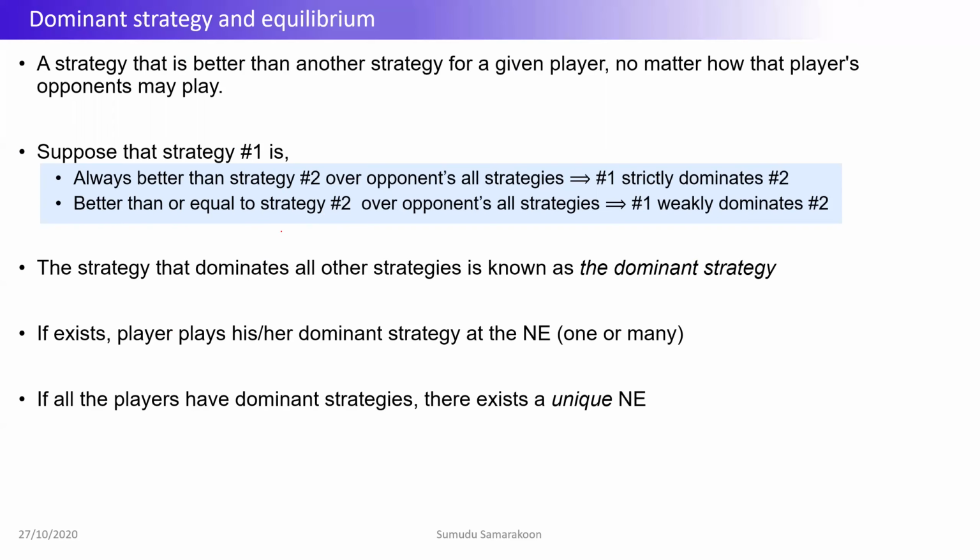Then if strategy 1 is either better than or equal to strategy 2, we say it is weakly dominating. So strictly dominating means, of course, we definitely know it is better. Weakly dominating means it could be either better or equal. So the strategy that dominates all other strategies is known as the dominant strategy, right?